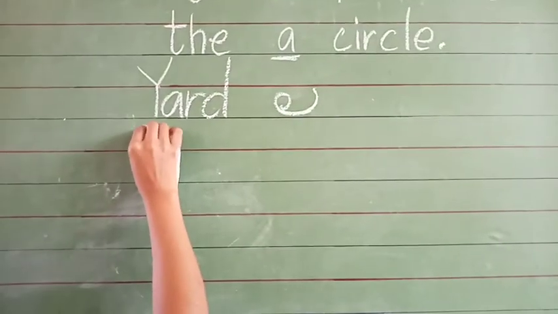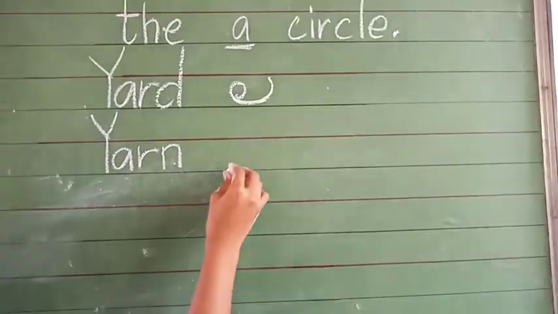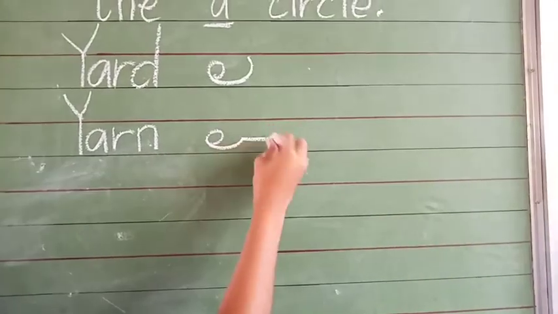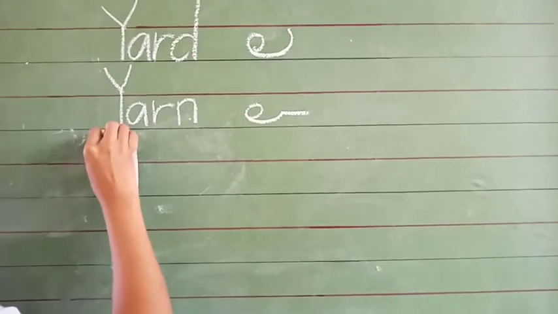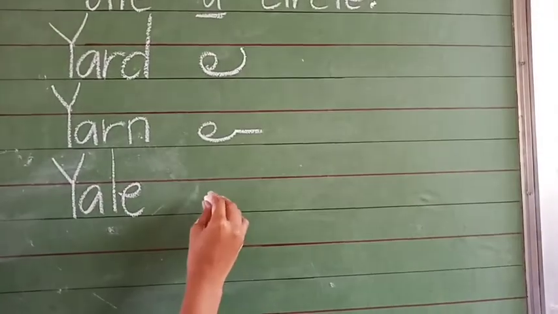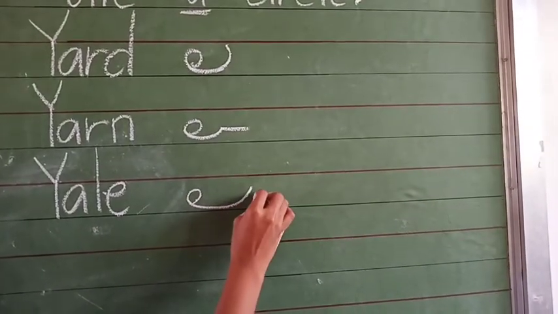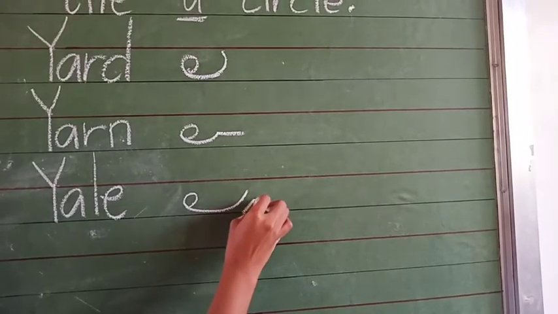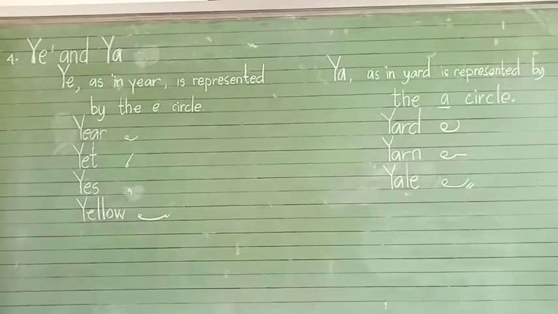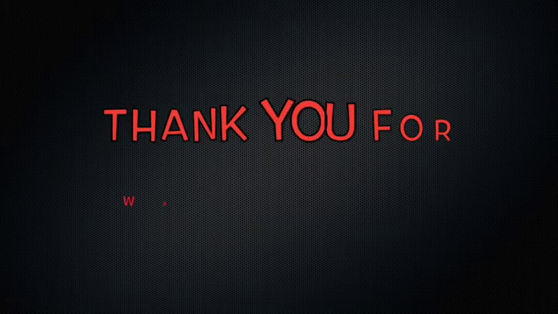Next, yarn is represented by A, R, and N. Yale is represented by A and L with capitalization. And that is the last principle of lesson 16. We hope you have learned more, and thank you for watching.